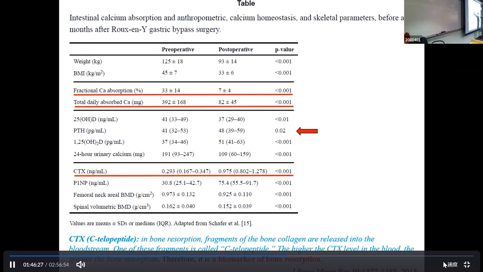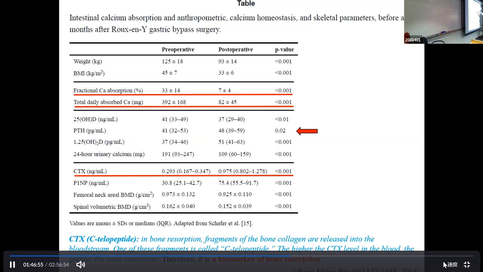So daily calcium absorption is down to 82 milligrams versus almost 400 at the beginning. So a highly significant impact. And of course, this change is basically due to what? The decrease in the digestive and absorptive area, as shown in the previous slide.